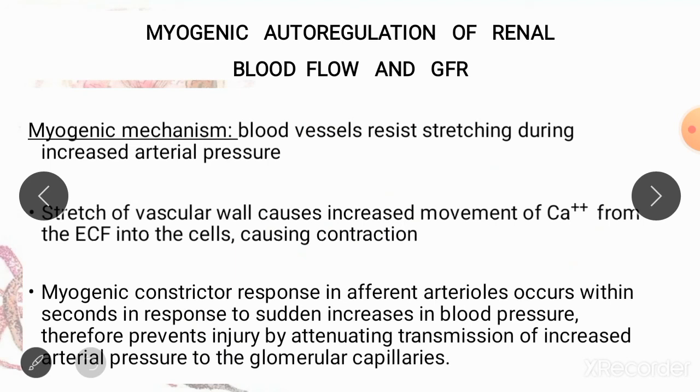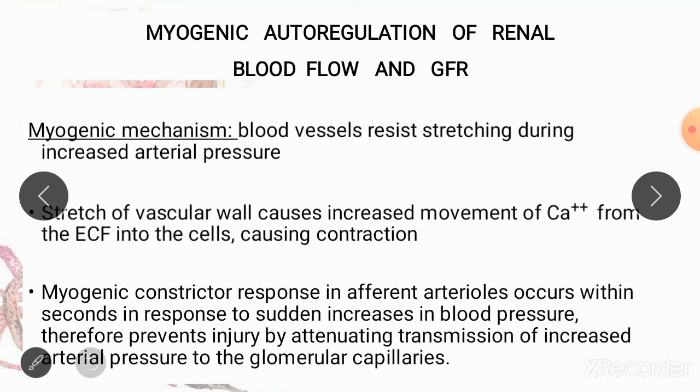Now what is the benefit of this? We know that increased blood pressure may damage the delicate glomerular capillaries, and it may even increase GFR to such a huge extent that the excretion of urine may increase to values greater than normal.